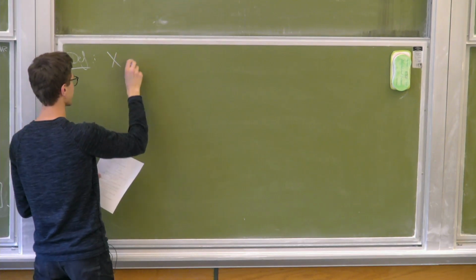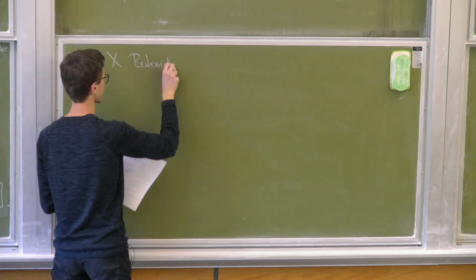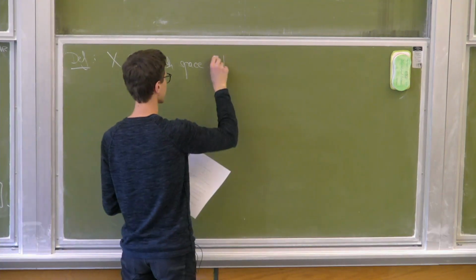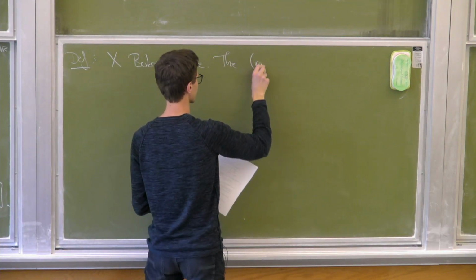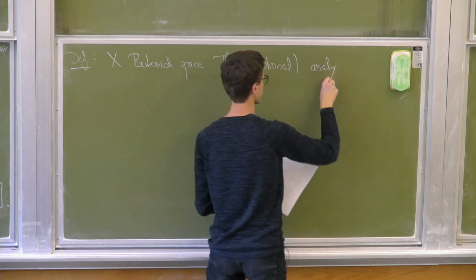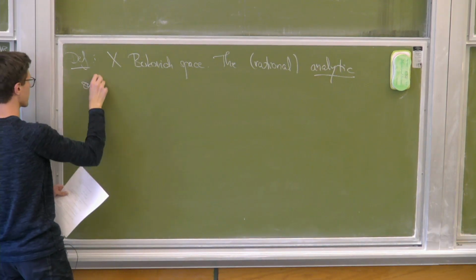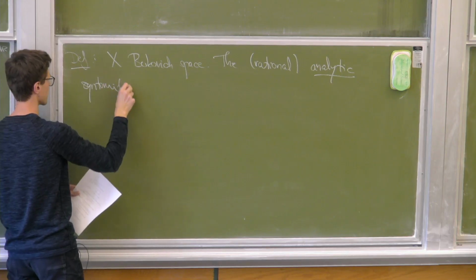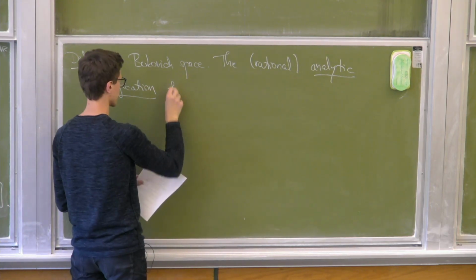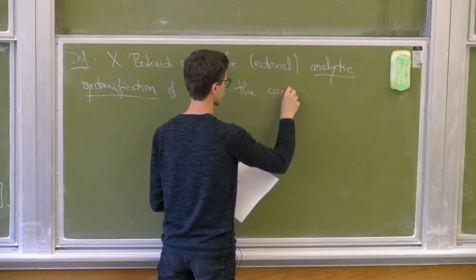If we take, again, X a Berkovich space, then the rational analytic syntomification of X is the co-equalizer.